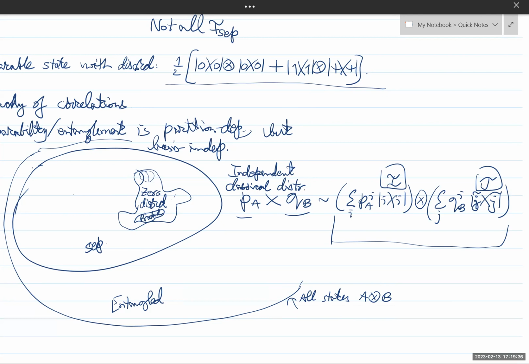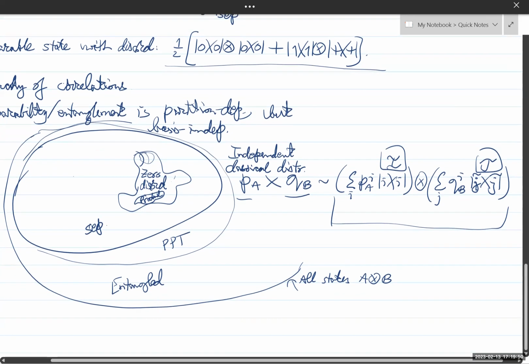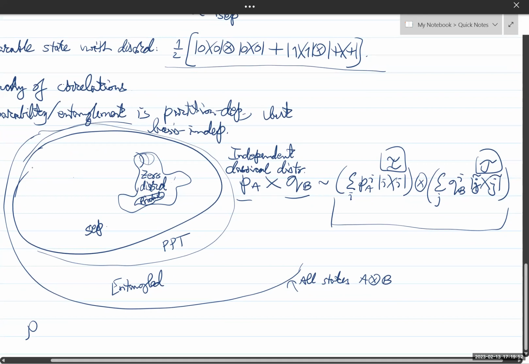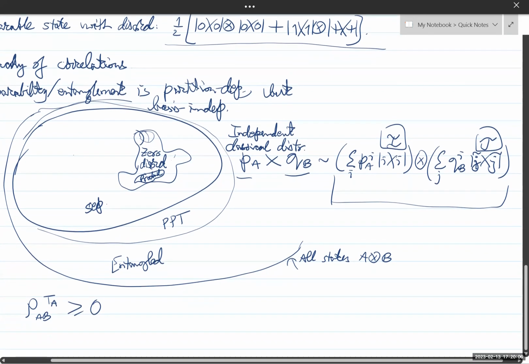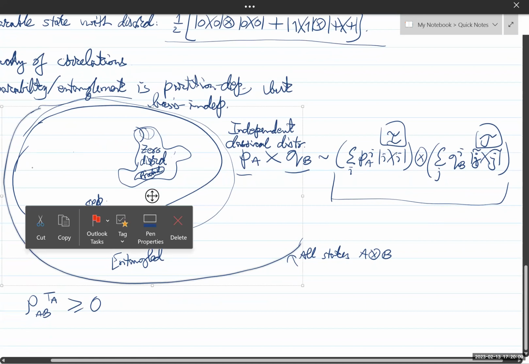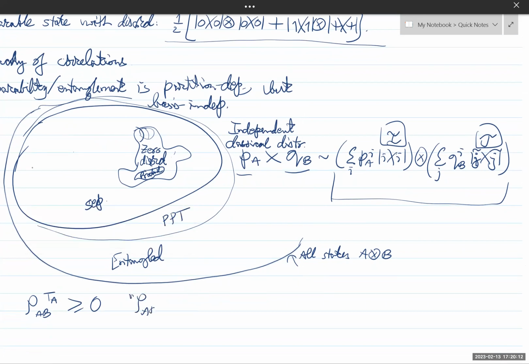So there is a subset of the entangled states that is PPT, positive partial transpose, right? So if you take the rho AB and you apply transpose on the A part, and if this remains a positive definite object, then rho AB is positive partial transpose.